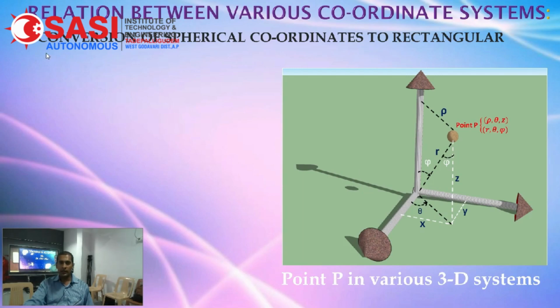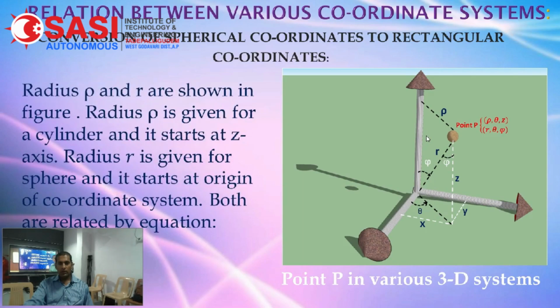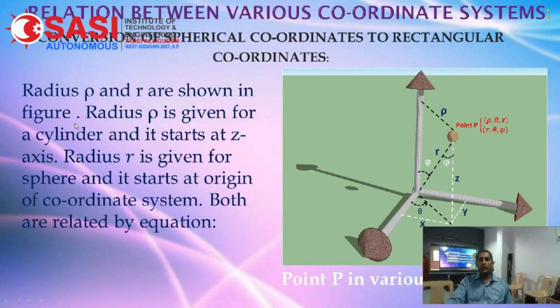So we can see conversion of spherical coordinate to rectangular coordinate. What we have to check: radius rho or r, as shown in the figure. Rho is for a cylinder and it starts at the z axis, and radius r is given for a sphere and it begins at the origin.